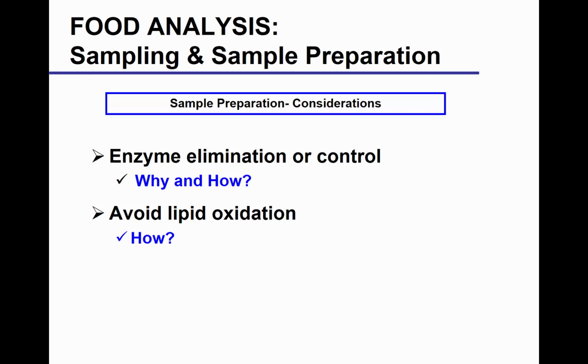And you can also store at low temperature. What else am I missing? Oh, you can store in the dark. Oftentimes your sample is put in a container and then you wrap it with aluminum foil, or you can put it in amber bottles, that means dark glass bottles.